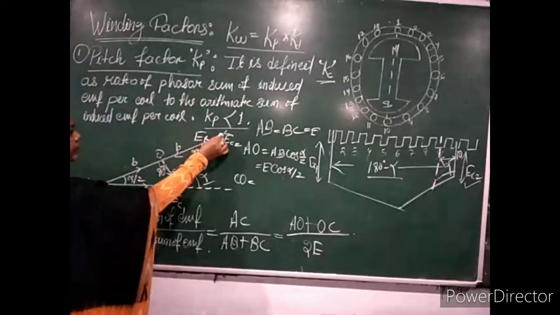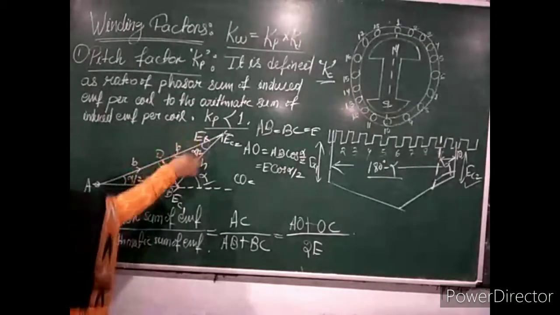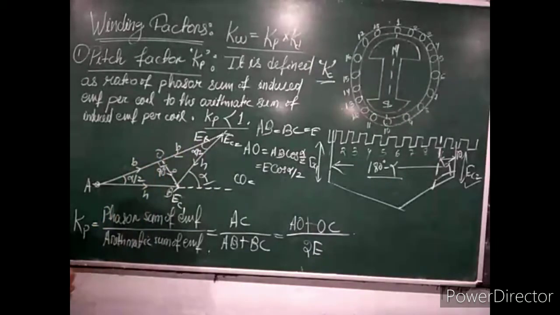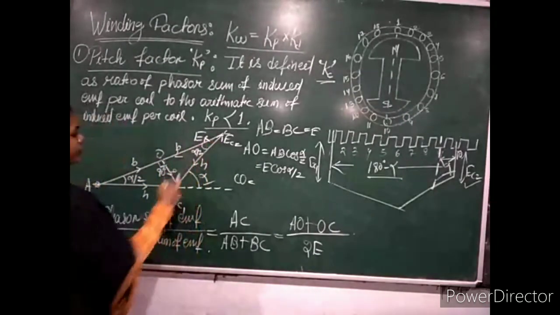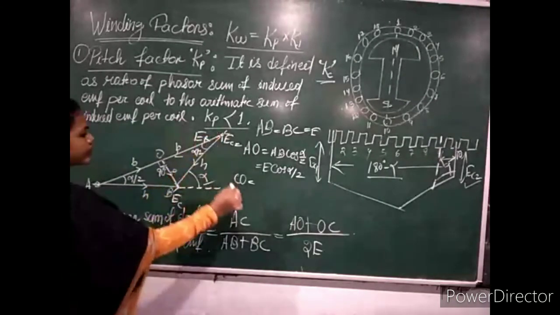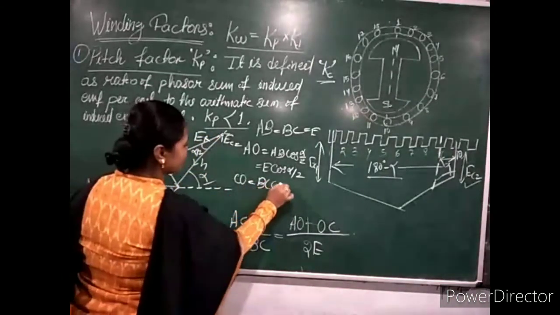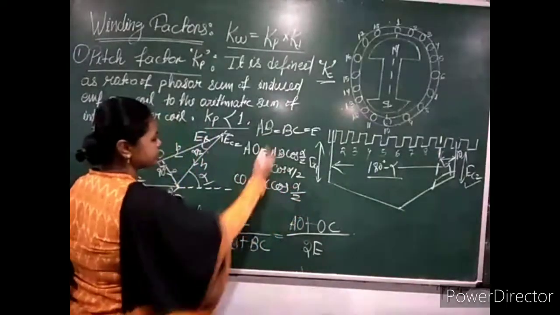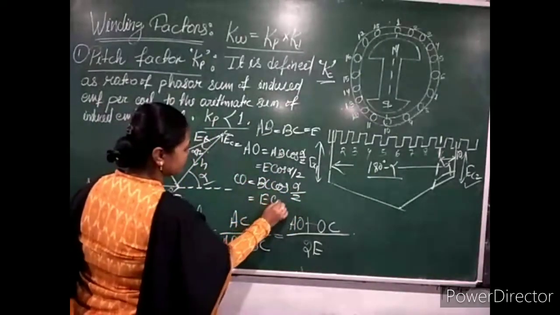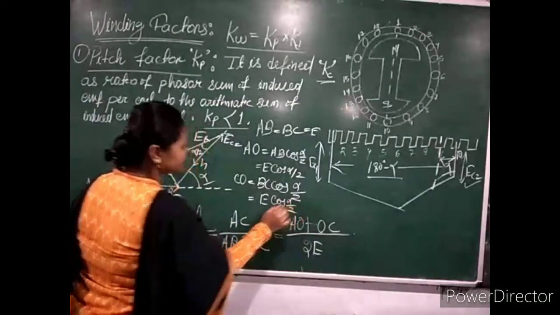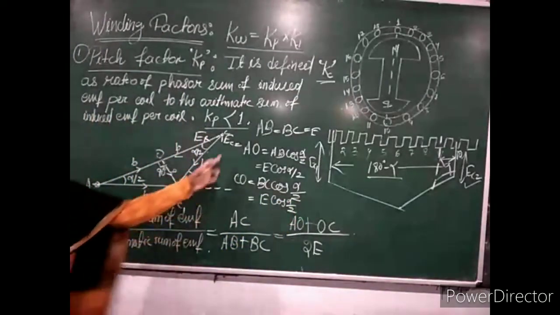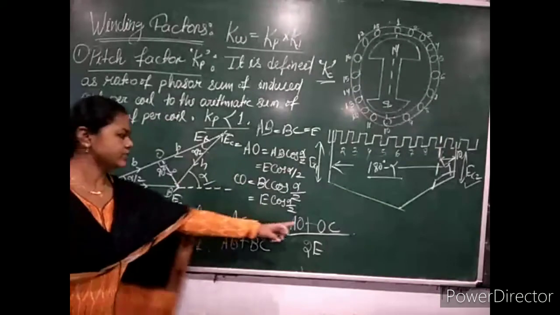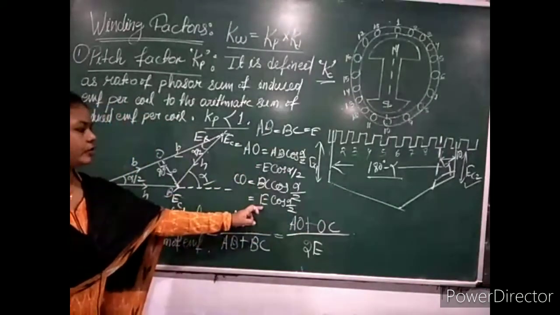So for this triangle, this OC part is the cosine part, and its value is BC cos alpha by 2. And what is BC? It is E. So OC is E cos alpha by 2. So AO and OC, you get the same value.